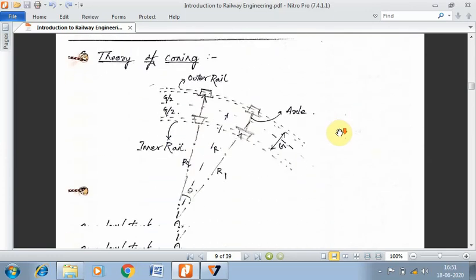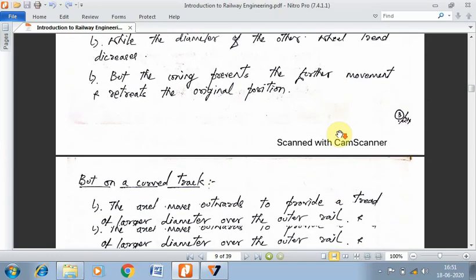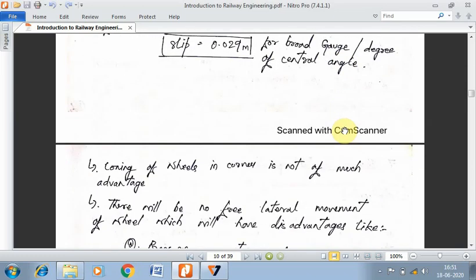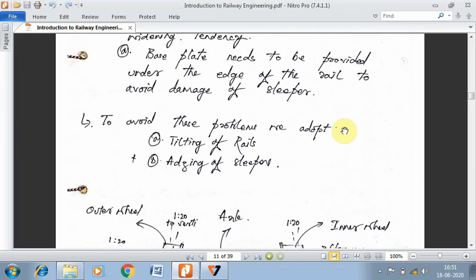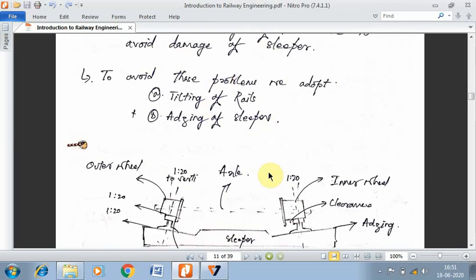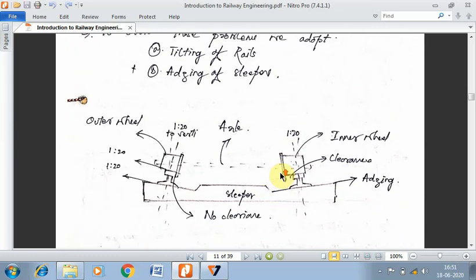So that is about coning of wheels. The theory of coning, and then alternatives to avoid the wear and tear of rails, sleepers, and even the wheel. So this is how the explanation should be given in terms of a typical diagram.